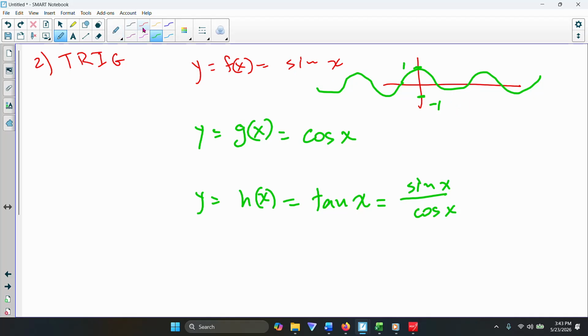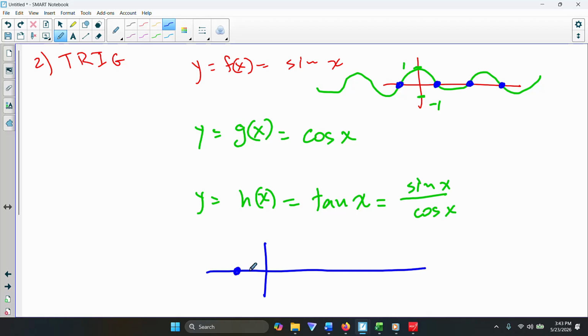So anytime you have a denominator equal to 0, and that's cosine equals 0, you have a what? You're not allowed to divide by 0. You have vertical asymptotes.